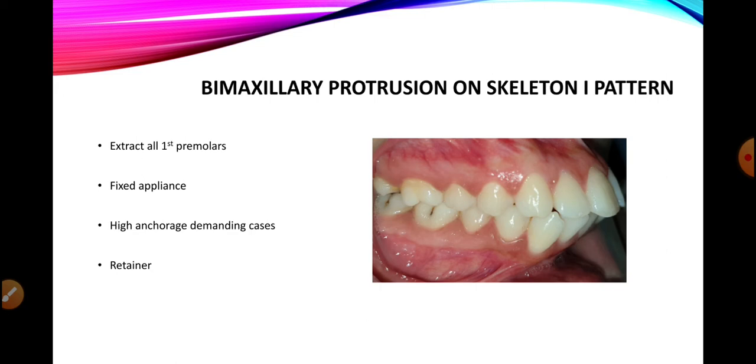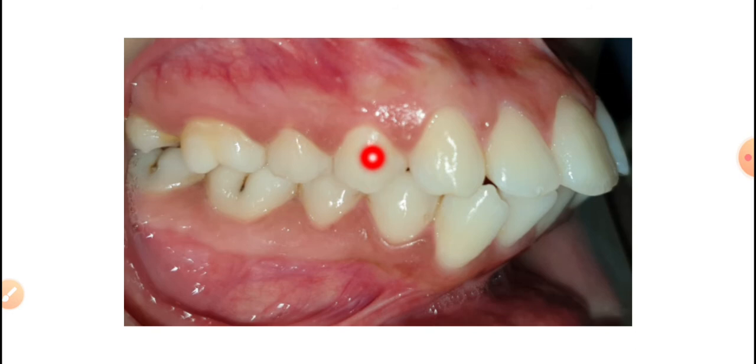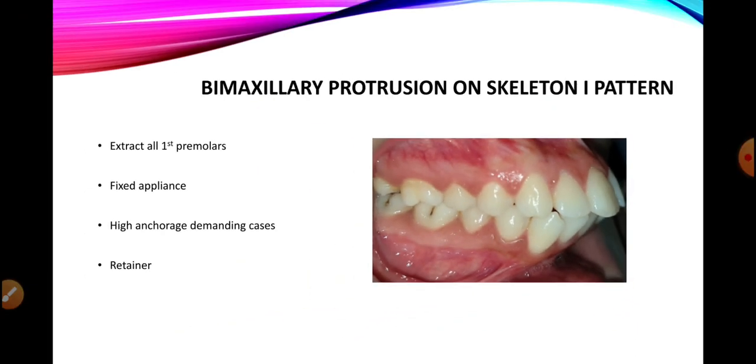So usually in cases of bimaxillary proclination, first premolars are extracted. All first premolars are extracted. By the extraction of the first premolars, there is a space present in both the arches. Two premolars from each arch, all first premolars.